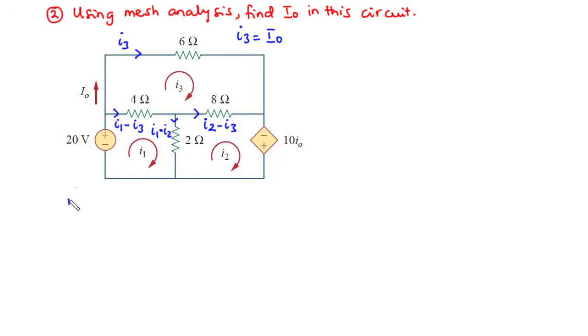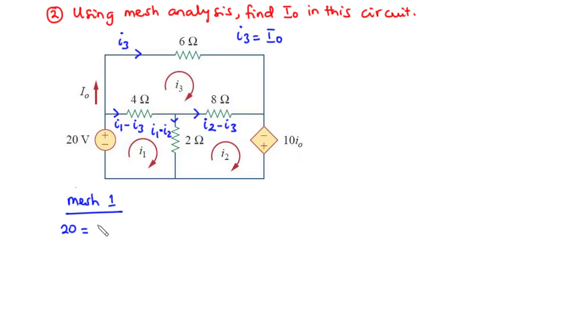So for mesh 1, we have the source voltage, which is 20 volts, and that is equal to the voltages dropped across the mesh.